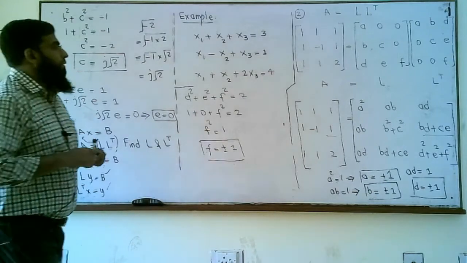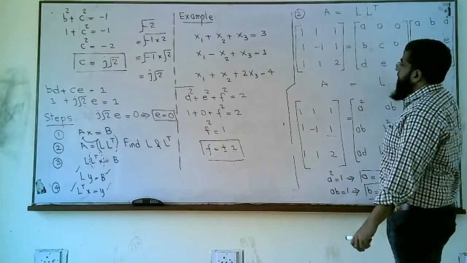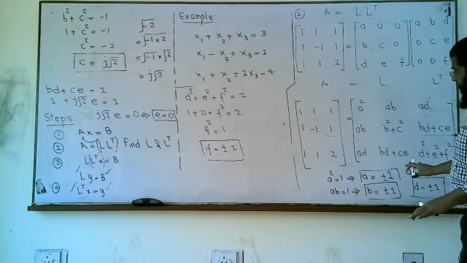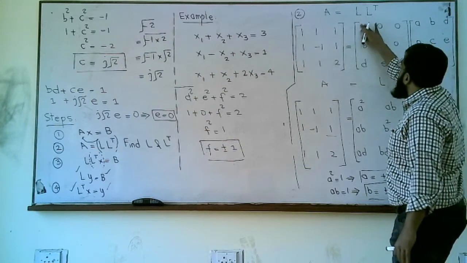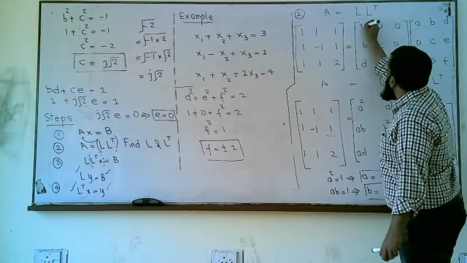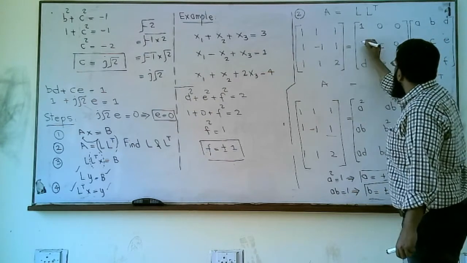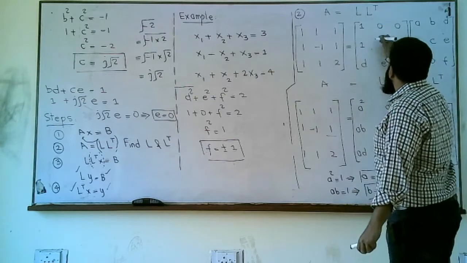Right. So now we can write A, L and L transpose matrices here. It's A is 0, 0. We can work with positive and negative values, but let's work with positive values first. A is 1. B is 1 and C is j square root of 2.